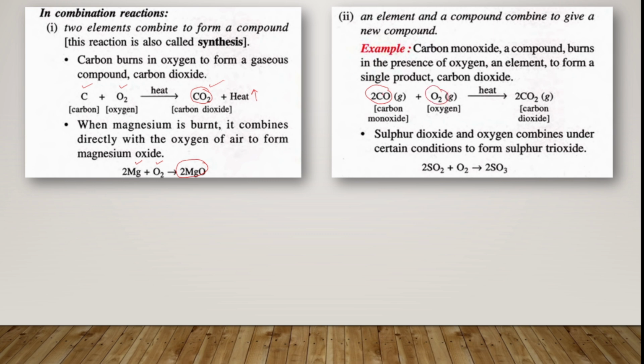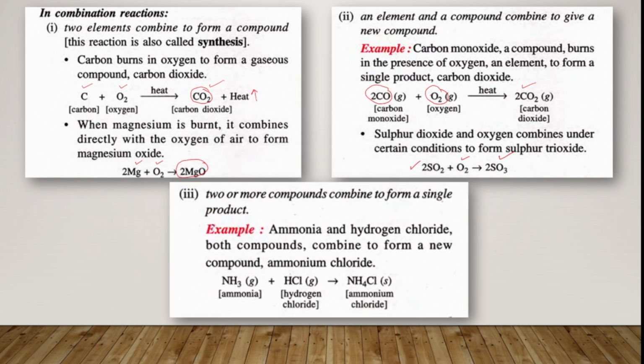So the second type is an element and a compound combined together to give a new compound. Carbon monoxide plus oxygen gives carbon dioxide. Another example: sulfur dioxide combines with oxygen to give sulfur trioxide. So 1 compound and 1 element combine to form a new compound.